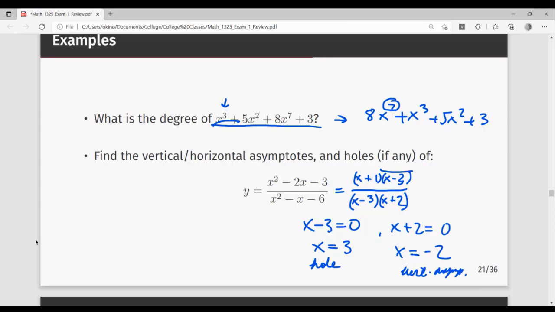And now let's try to imagine a horizontal asymptote, right? So as our x gets bigger and bigger, we can kind of imagine that these x squared values grow a lot faster than the other values, right? So we have x squared minus 2x minus 3 over x squared minus x minus 6.